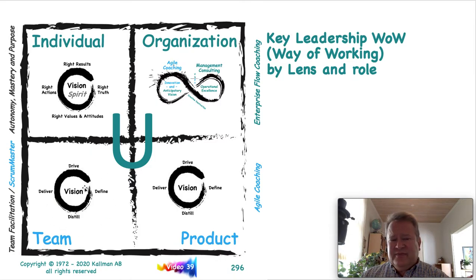For the team, you're going to use the 4D model to lead and drive what you want to achieve there. And again, you've got vision in the center in all 4 boxes. This is a team facilitation level and Scrum Master. So instead of telling people what to do or how to do it, let them figure it out.